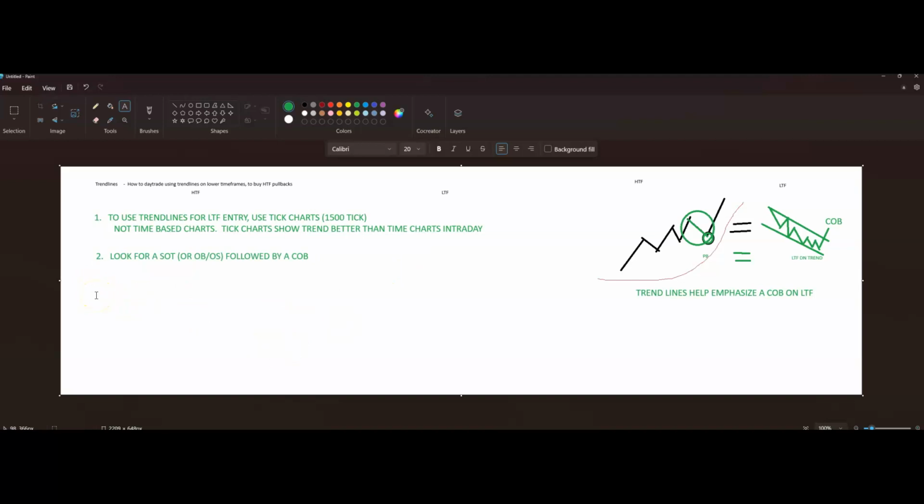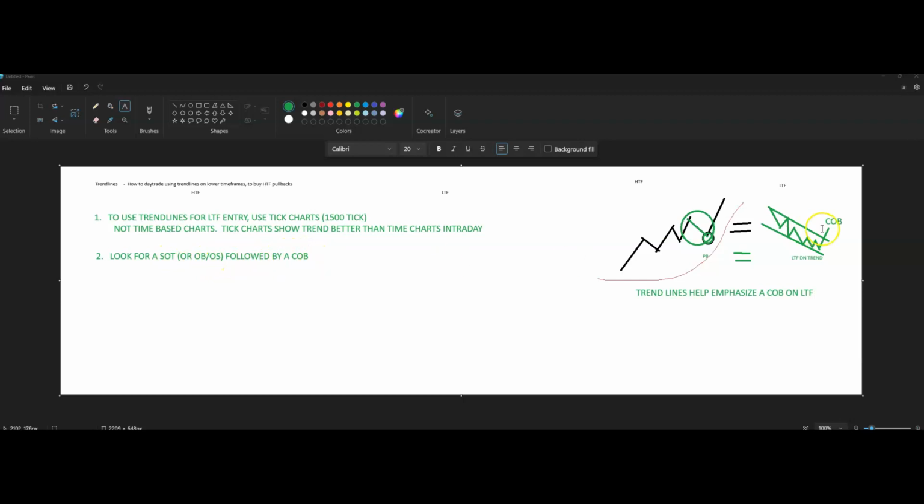Look for shortening of thrust or overbought, oversold, followed by a change of behavior. After the change of behavior, you obviously execute your entry approach. I'm not going into entry approaches right now, but that's what you do. So you look for shortening of thrust or overbought, oversold, followed by a change of behavior.